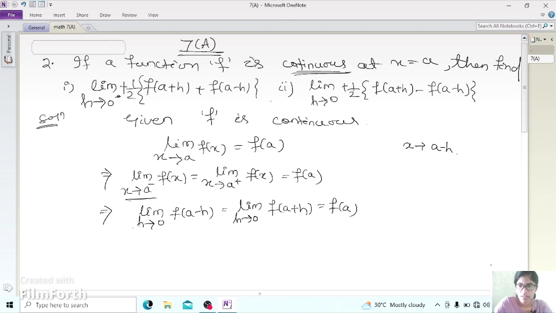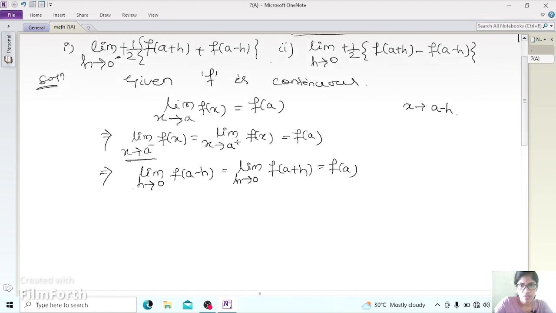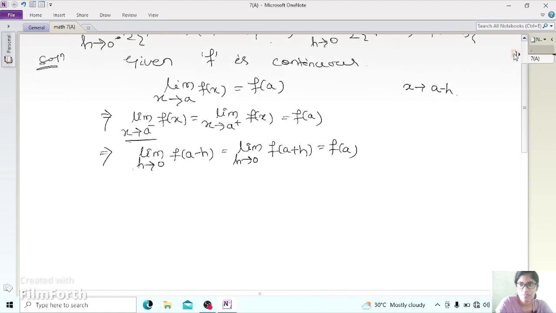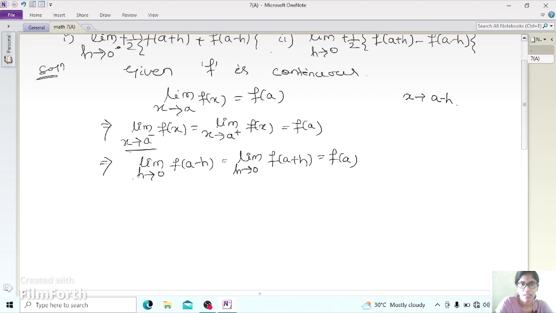Okay. So this we got, now which question is asked? The limit h tends to 0 plus half into f of a plus h plus f of a minus h. Here limit h tends to 0, f of a plus h is equal to f of a, and this also is equal to f of a. Okay.